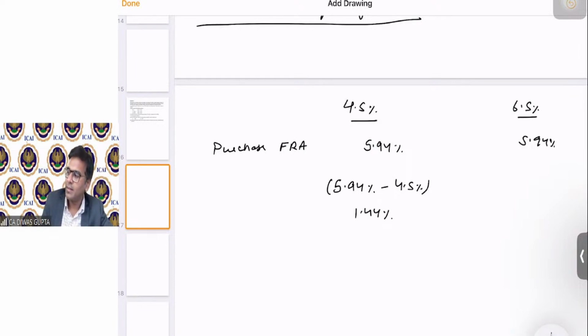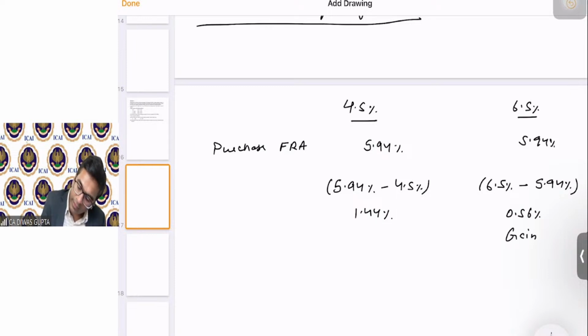In the second case, there is a gain, right? Because the interest rate has moved up. So 6.5% minus 5.94%, there will be a gain. Gain of how much? 0.56 percentage gain. And here there is a loss.